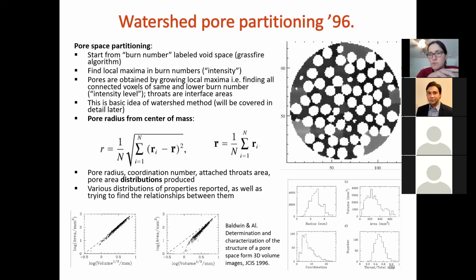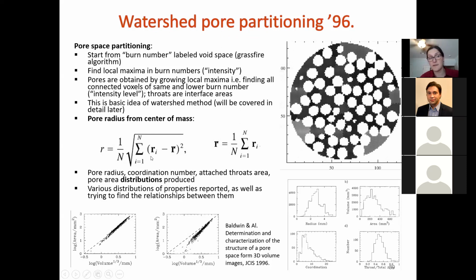And that's essentially the definition of throats. So this watershed acquires a certain pore space based on that procedure. Once you have acquired a certain pore space and you have, say, n voxels or pixels in that pore space, then you can find the pore radius by finding a center of mass.